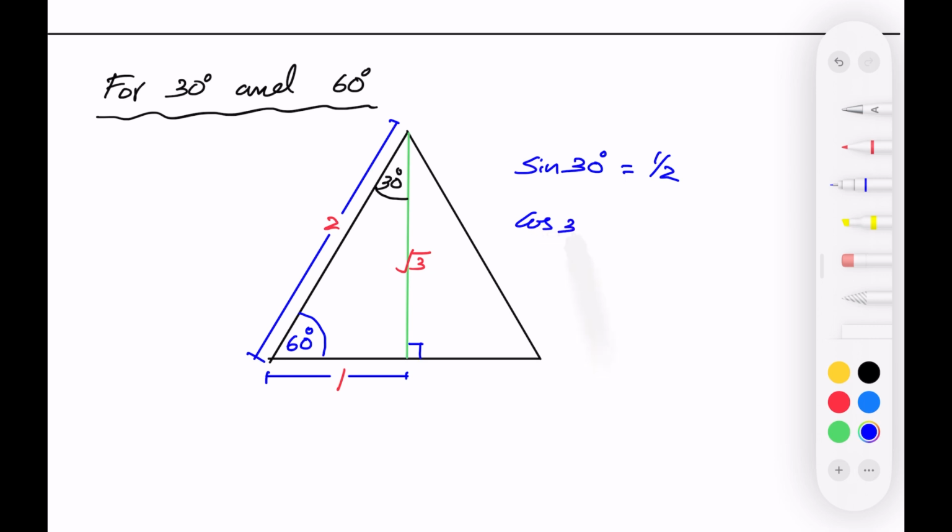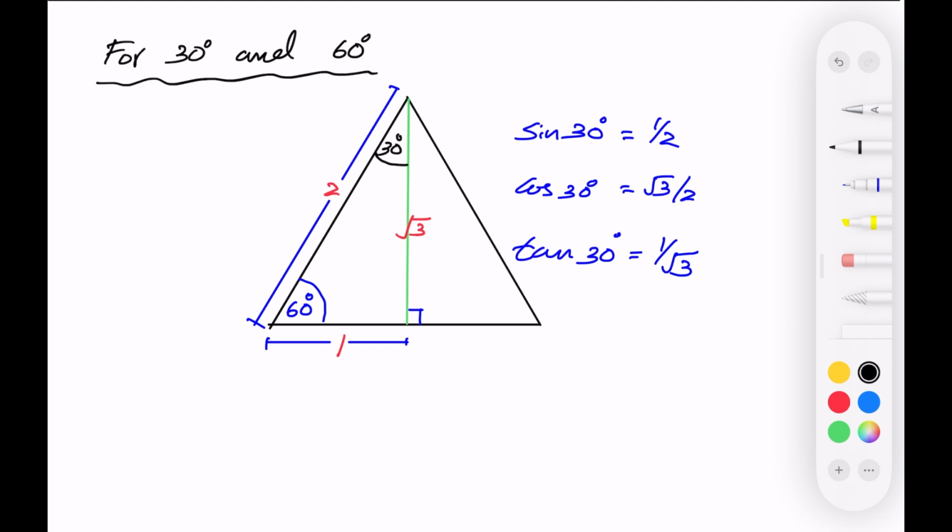Cosine 30 degrees, which is defined as adjacent over hypotenuse, should be equal to square root 3 divided by 2. Tangent 30 degrees, which is defined as opposite over adjacent, should be equal to 1 over square root 3.